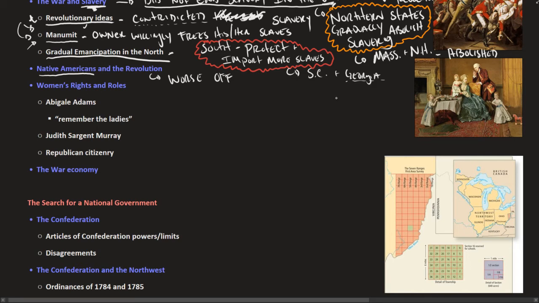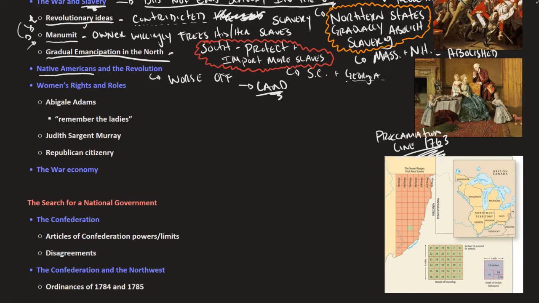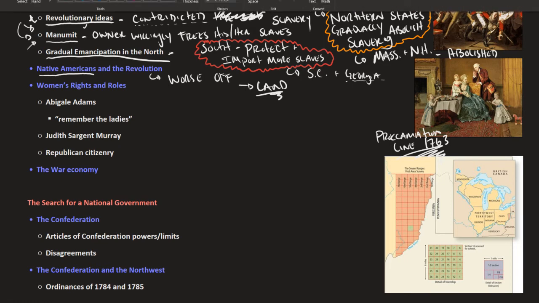But the reason Native Americans were mostly worse off in the aftermath was because of all the land the British had essentially surrendered. If we recall, and again, this is good review, the Proclamation Line of 1763. If you don't remember what the Proclamation Line of 1763 is, go back and look that up and review it.